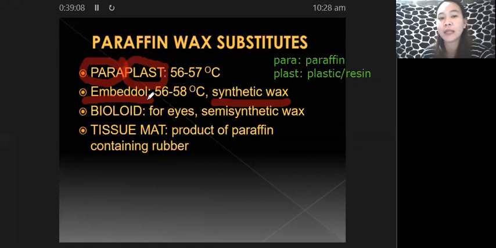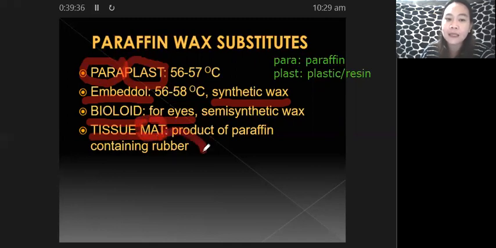Another paraffin wax substitute, ito favorite nila do sa board exam. We have your bioloid. Bioloid is a semi-synthetic wax that is oftentimes utilized for the infiltration of your eye samples. And then lastly, we have your tissue mat. The term mat there indicates the presence of your rubber.